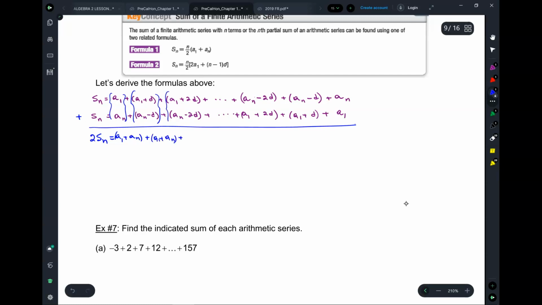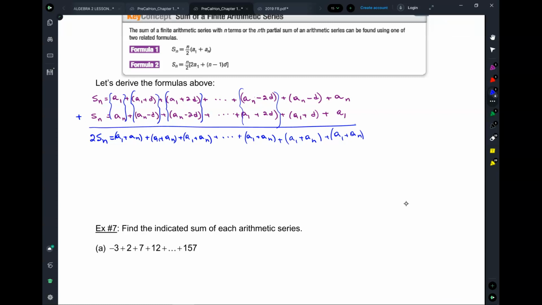What does this give you? a1 plus an. Oh my God. They all give you the same thing. a1 plus an, plus a1 plus an. They are all the same terms, a1 plus an.